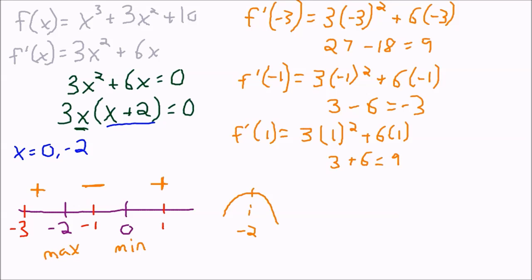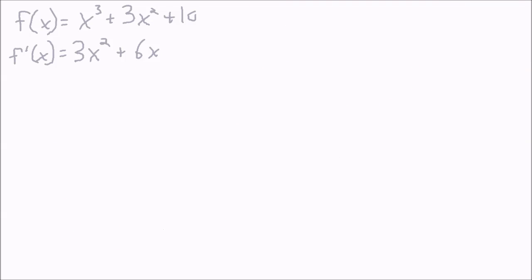Alright, now let's talk about how to find the inflection points of this function. To find the inflection points, we need to take the second derivative and set it equal to 0. So we're going to have f double prime of x. That derivative is going to be 6x plus 6.